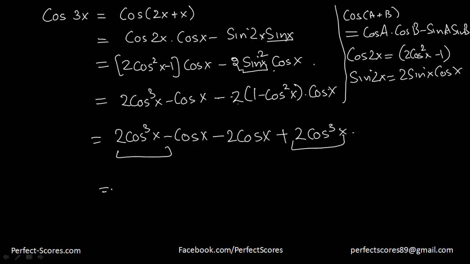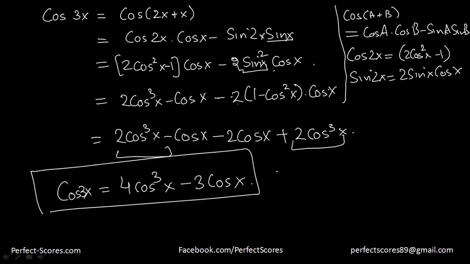So we have 2 cos cube x and 2 cos cube x, which is 4 cos cube x, and this is 3 cos x. So cos 3x, again a very important expression, is equal to 4 cos cube x minus 3 cos x.